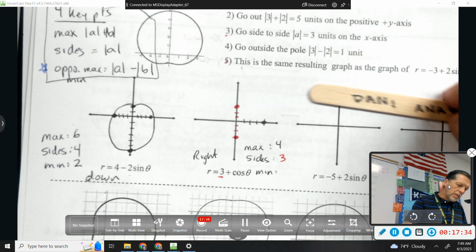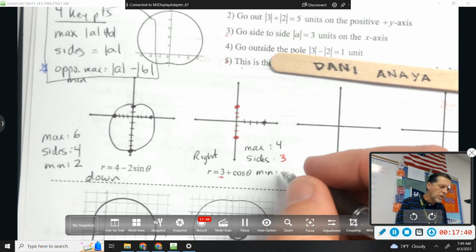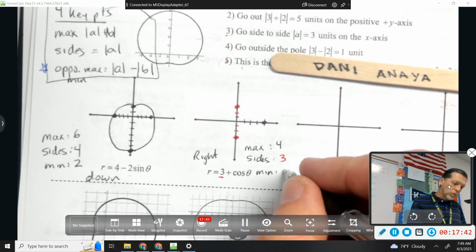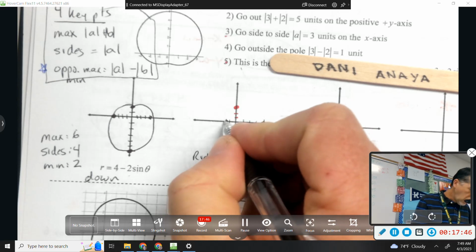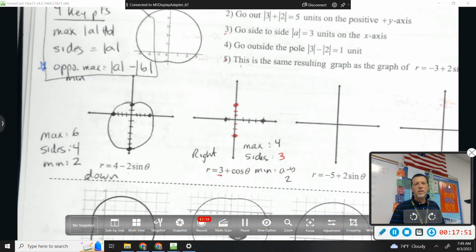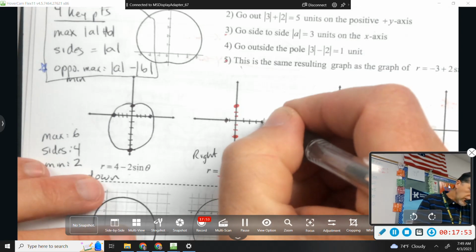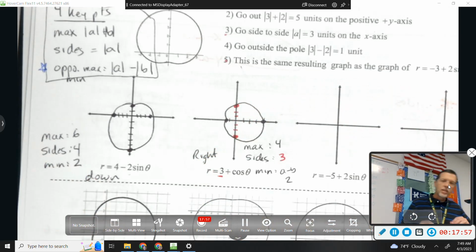And then Danny, how about the minimum or the side opposite the max? The min is A minus B. So 2. And then you just sketch in the Limacon. Again, do not make it flat. Try to make it nice and circular, plump, round, however you want to phrase that.